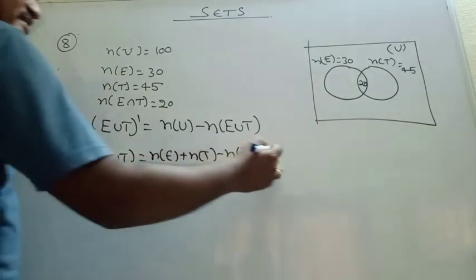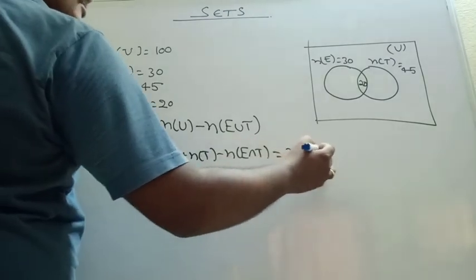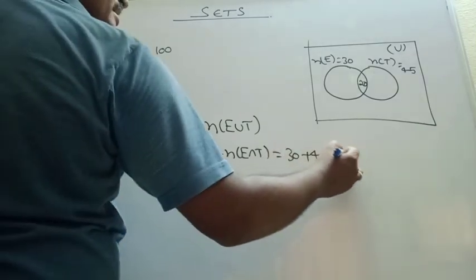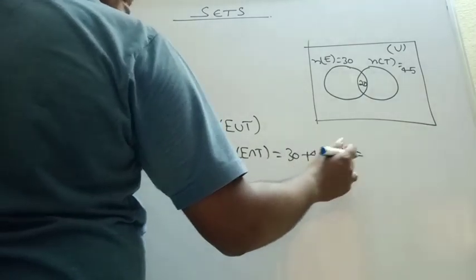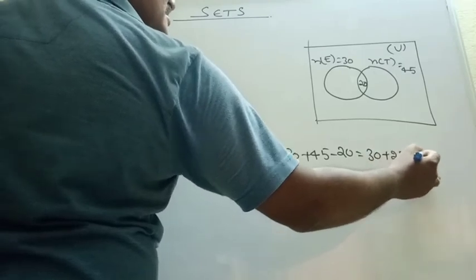N of E is equal to 30 plus T is 45. N of E intersection T is 20. Now 45 minus 20, that is nothing but 30 plus 25, that is nothing but 55.